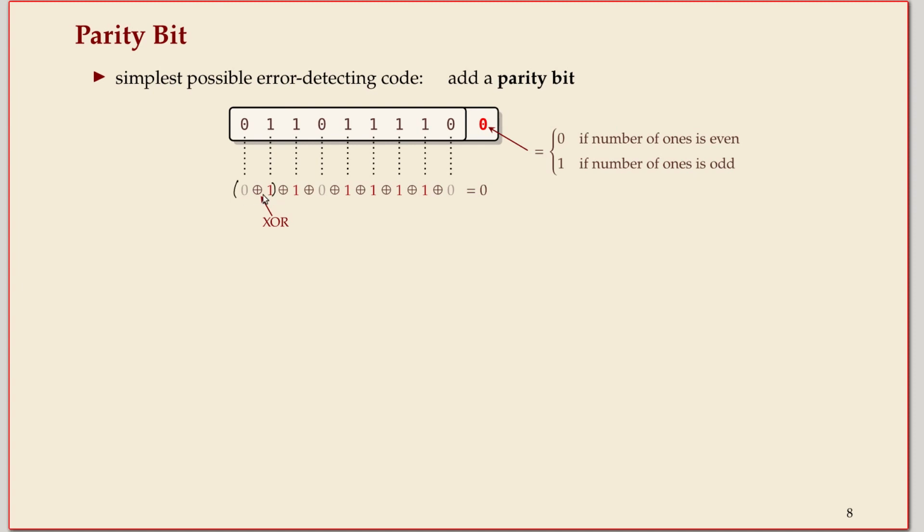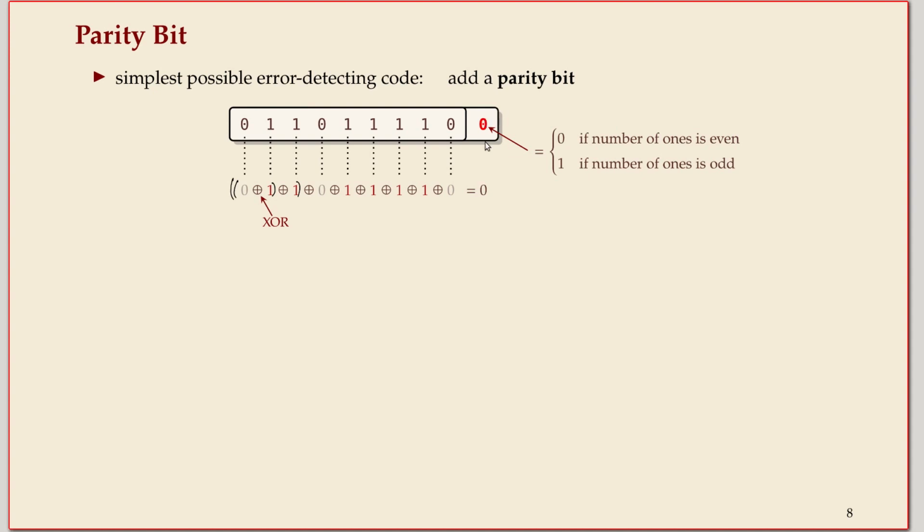So you take the result of the first two, XOR that with the third bit, take that result and add it to the last one, etc. It's often written with a circled plus because it's the same as really adding those numbers, but then computing modulo 2 on the result. So it's the addition modulo 2. That's another fancy way of saying XOR.